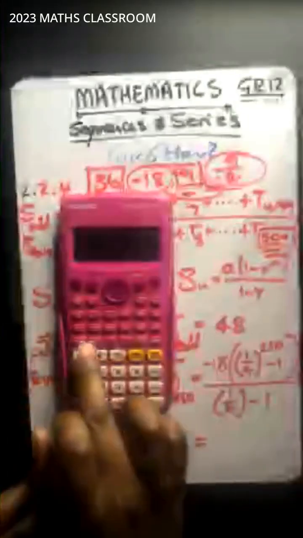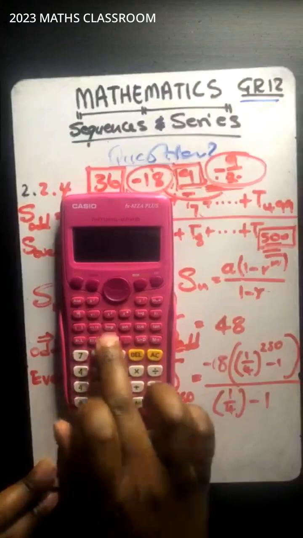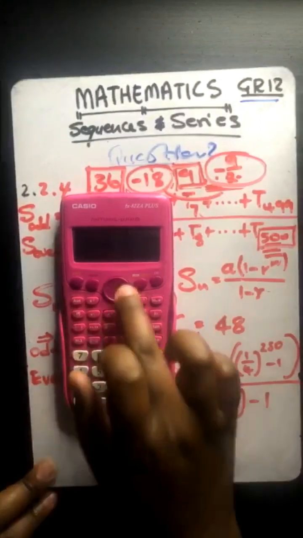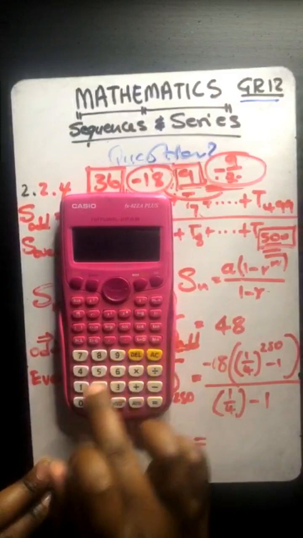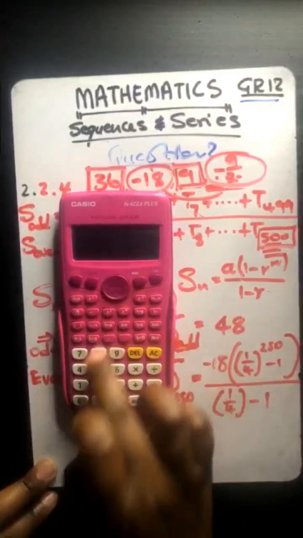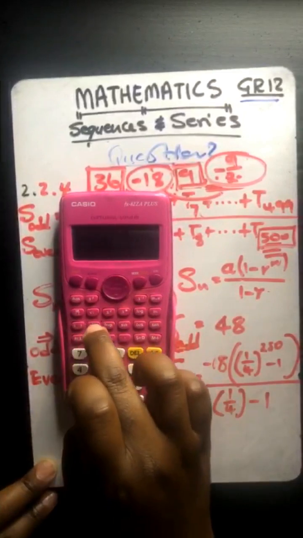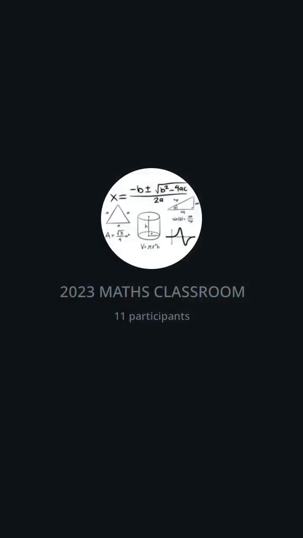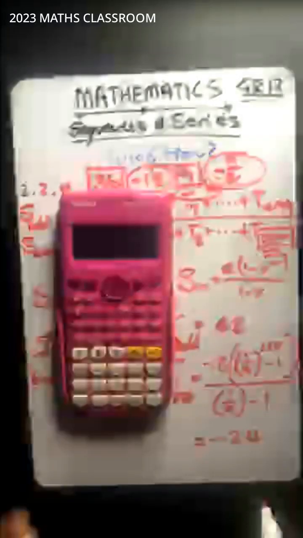So you're going to say fraction button, negative 18, you open again, 1 over 4, you close to the exponent 250 minus 1, you close, you go to the bottom, open, 1 over 4, you close, and then you say minus 1, so you get negative 24. So that's how fast you should be when punching that type of calculation.